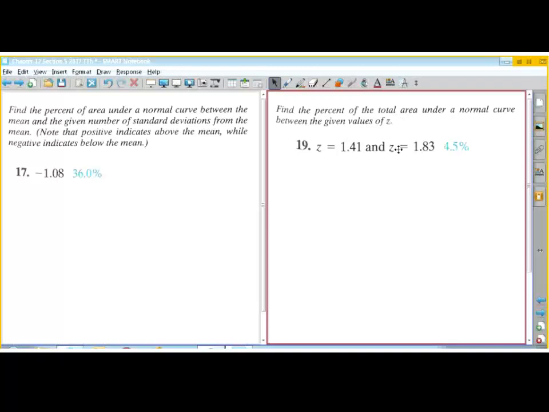Okay, so this is using the table. Here they're asking for the area between these two values of z-score. In this case, I'm going to draw my graph again, but rather than show it as values, I'm going to show it as z-scores. Before I would say this is where the mean is, but relative to z-scores, this is where z equals 0.